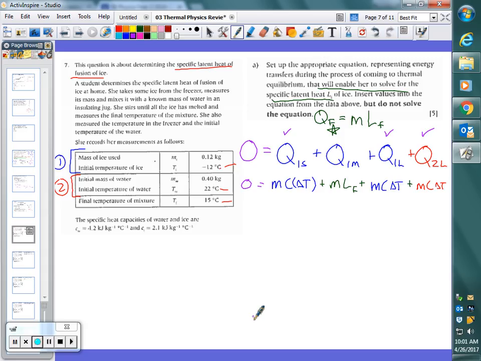What do we know about 3 of them? They're the same, right? So this M and this M are all going to be 0.12. Even when it goes from a solid phase to a liquid phase, its mass doesn't change. All right. There are 3 C's in this equation.